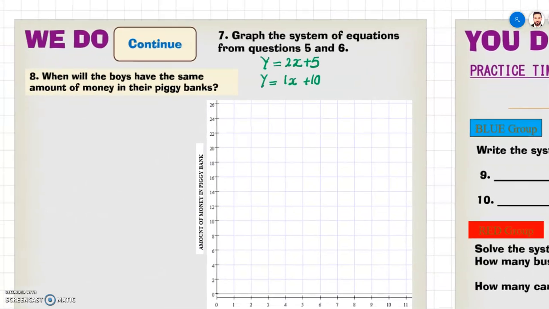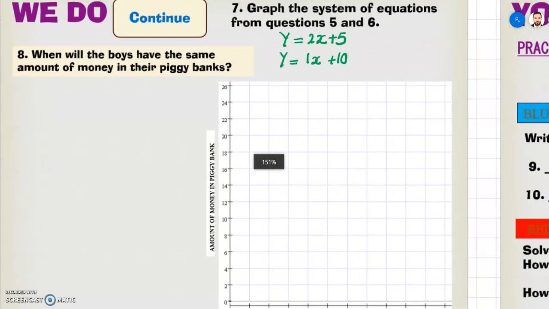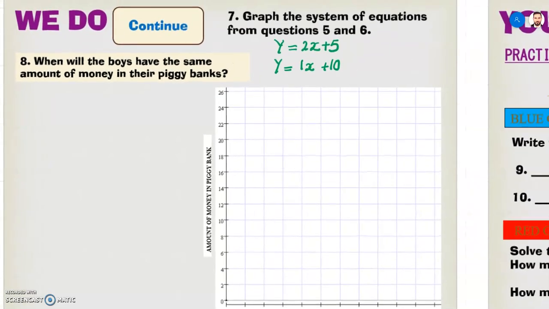Okay, guys. Here, let's complete questions 7 and 8. Question 7 says to graph the system of equations from equations 5 and 6. I will graph those two equations. To graph the equation, you should understand that you have rise and run. If you don't have any number below the number 2, you have to write a 1.